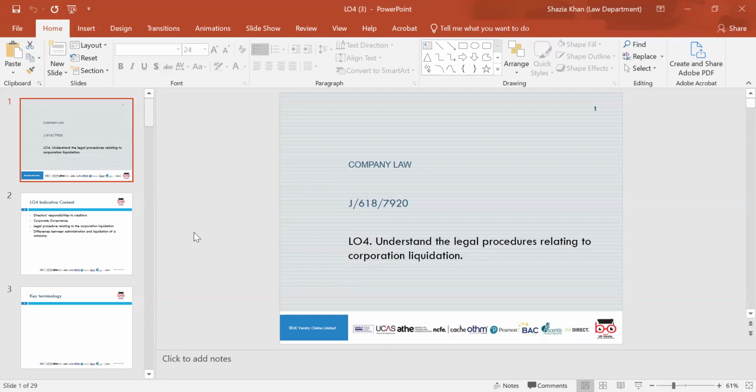We also looked at proxy voting and electronic voting, which is becoming more and more advanced. We also looked at voting by show of hands against the poll, and in general meetings, how voting can be conducted either by show of hands or poll.